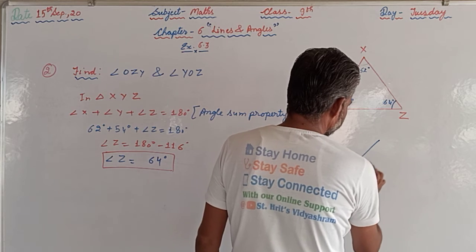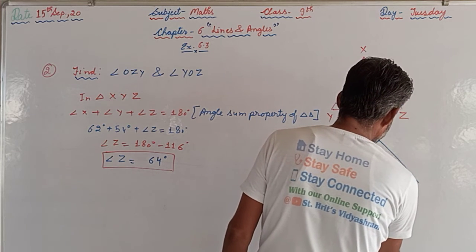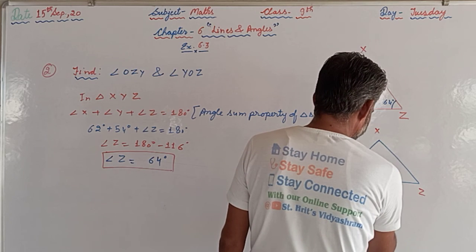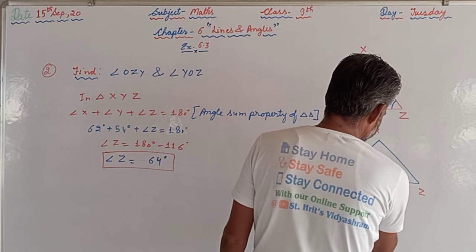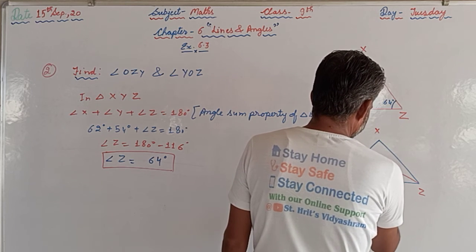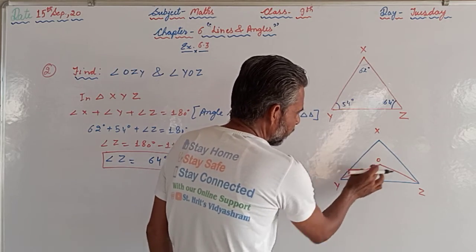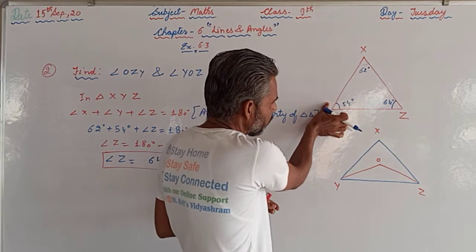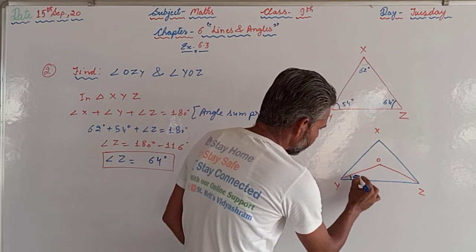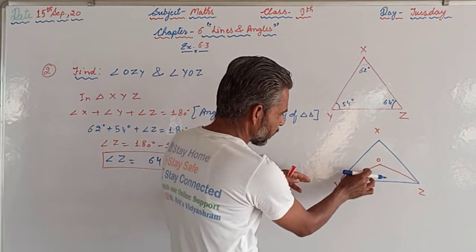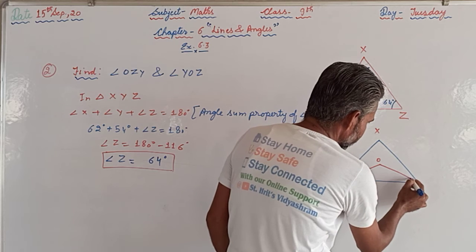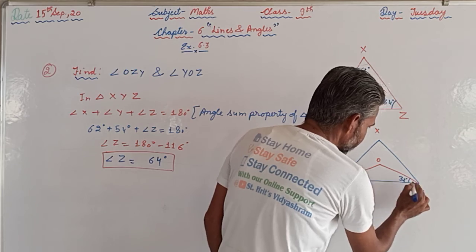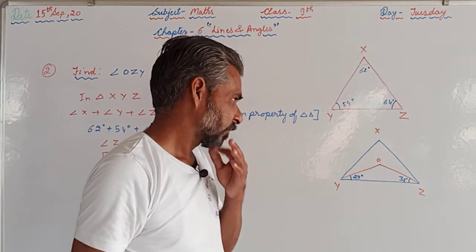Now I will construct the complete diagram, X, Y, Z, and a point O in between. OY and OZ are the angle bisectors of Y and Z, so if it is 54 degrees, this will become 27 degree, and half of 64 is 32 degrees.